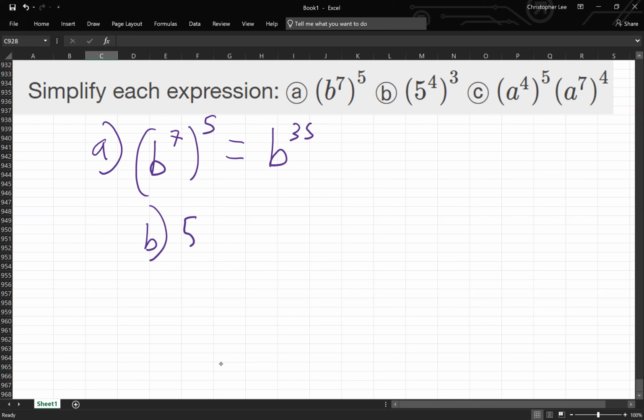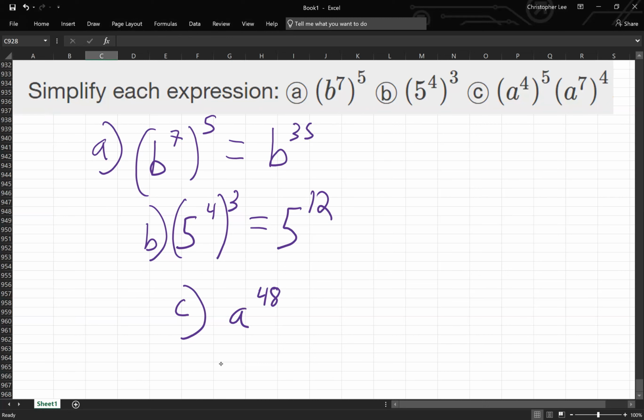I got 5 to the 4th power raised to the 3rd power. That becomes what? 5 to the, whoops, I just wrote this wrong. Yes, you're right, 5 to the 12th. And C, oh Lord. So I heard 48. Yep, that's good.